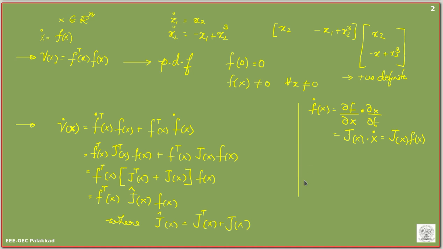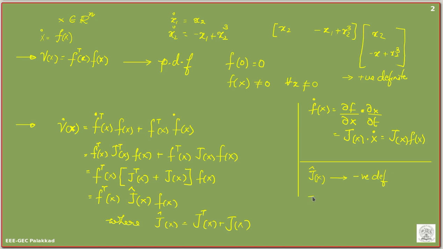So what is the idea here? We are given the system, we find j of x, the Jacobian of the system, and then we take the transpose of it and add it to the Jacobian, and we see what is j hat of x. Then we check the sign definiteness of j hat of x. We want j hat of x to be negative definite.